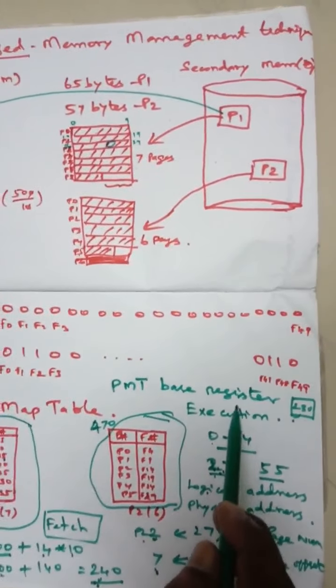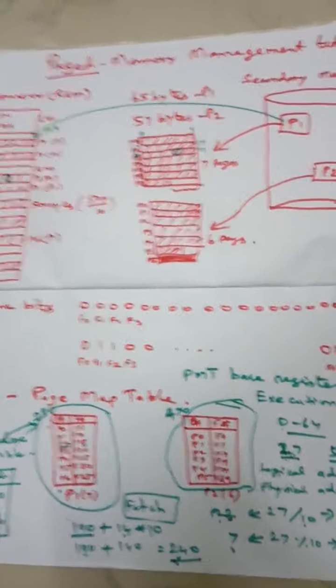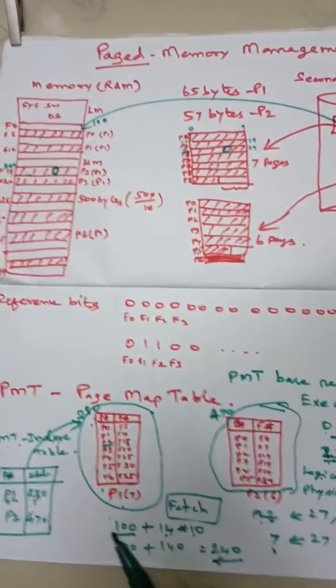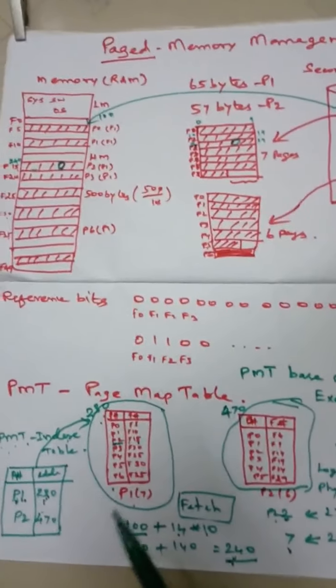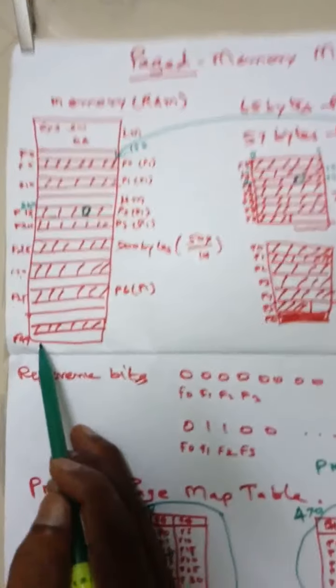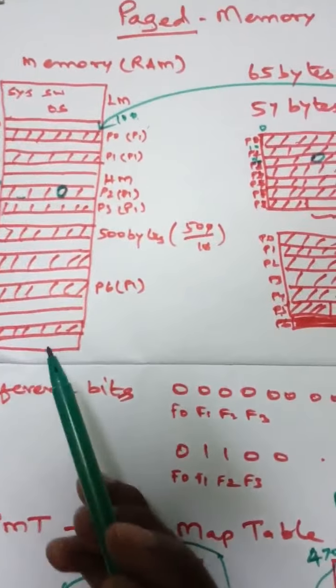Okay. Then advantages and disadvantages. The page map table eliminates external fragmentation. External fragmentation means that in the user memory area there is unused memory that cannot be treated as a partition.